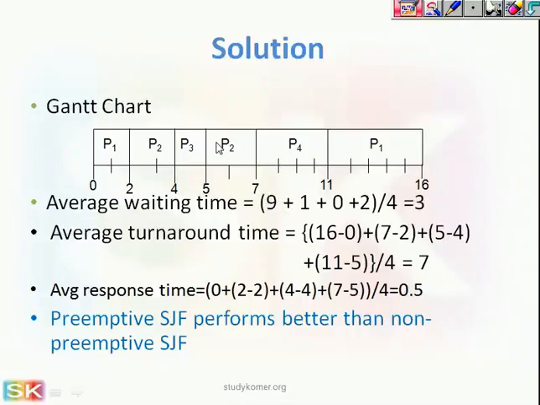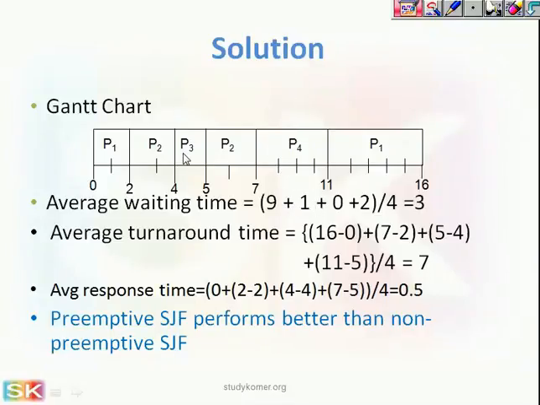For P2, P2 was submitted at time 2, it got the CPU at time 2, so 0 seconds it waited in the starting. Then it went out from the CPU at time 4 and again got the CPU at time 5. So 5 minus 4, 1 second overall P2 has waited.